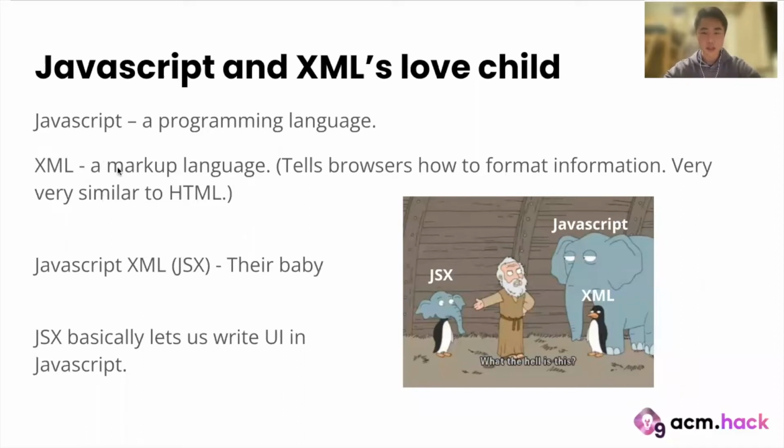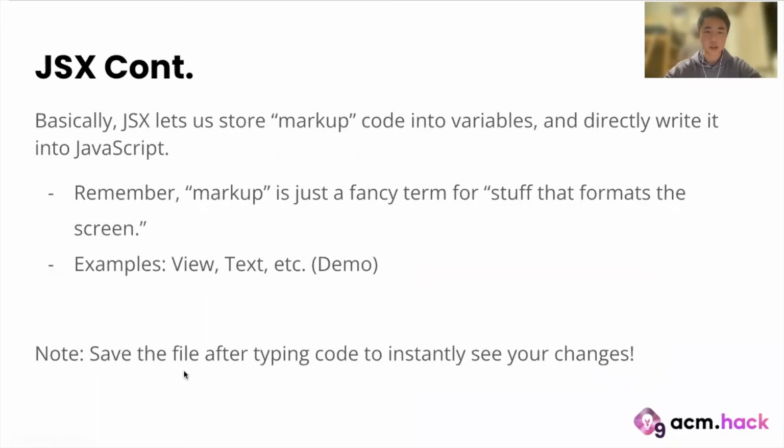So JSX is like a mashup of both of those, and it basically lets us write user interface components directly with JavaScript. It does this by storing markup code, which again is the stuff that formats the screen, into variables and then directly writing it into JavaScript.